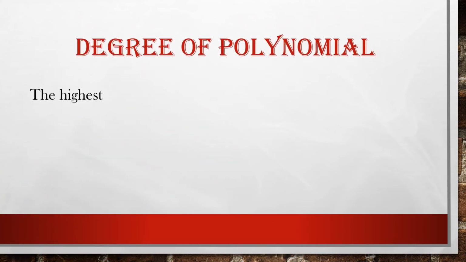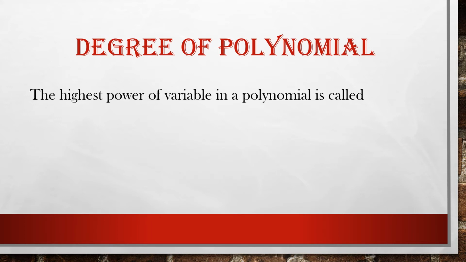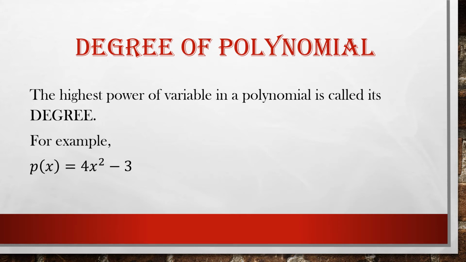Degree of polynomial. The highest power of the variable in a polynomial is called its degree. For example, p of x is equal to 4x square minus 3x plus 1 is of degree 2. Now if we see this polynomial, it has three terms: 4x square minus 3x plus 1. Now we will see the exponent on the variable in each term.